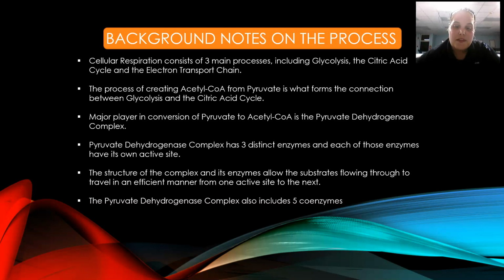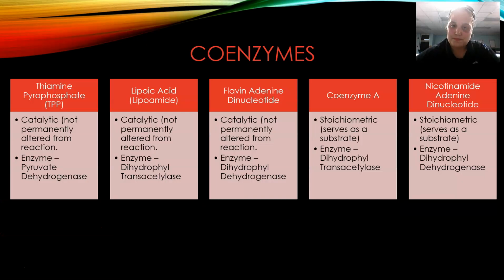The structure of the complex and its enzymes allows for easy flow of the substrates so that they can travel in an efficient manner from one active site to the next, making the process very efficient and quick. And lastly, the complex also has 5 coenzymes, and we're going to go over all of those in the next slides. So I first wanted to go over the coenzymes.